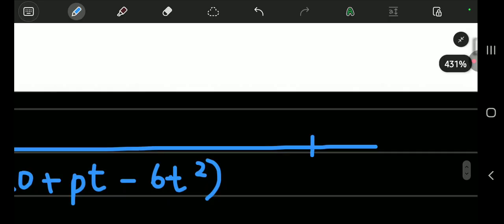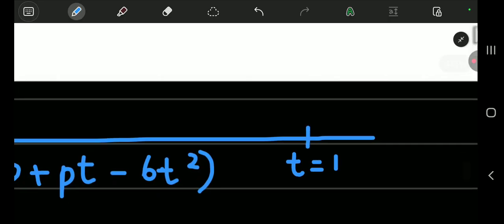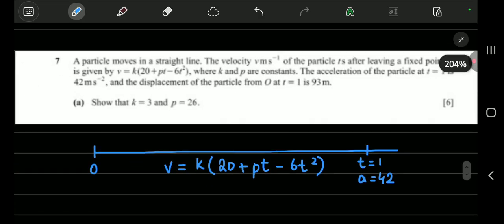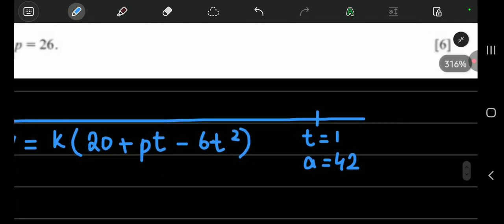For example, this is the point t equals 1. Here the acceleration is 42 and the displacement is 93 meters.